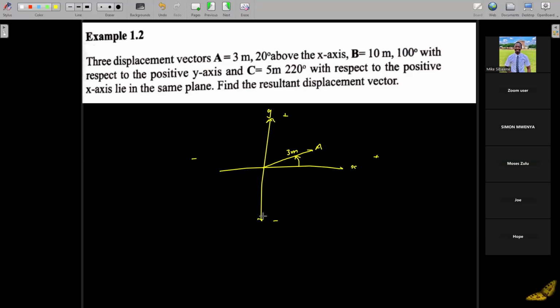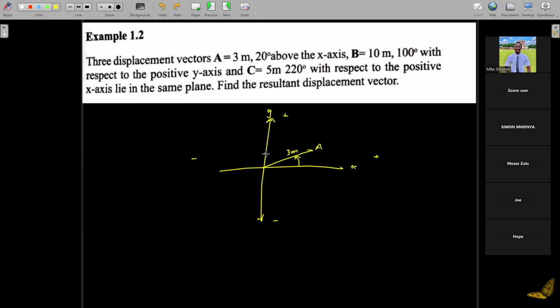If you begin to rise from this line, and I reach this point, it's 90 degrees. For me to make 100, I add another 10 and come somewhere here. So that is where you find your 100 degrees to the positive y-axis.